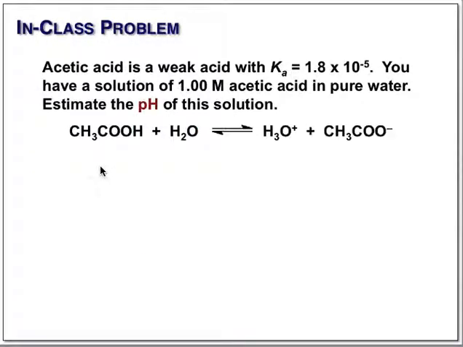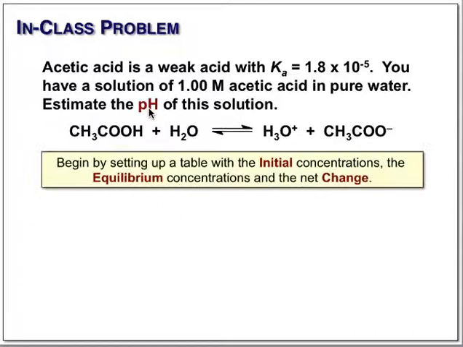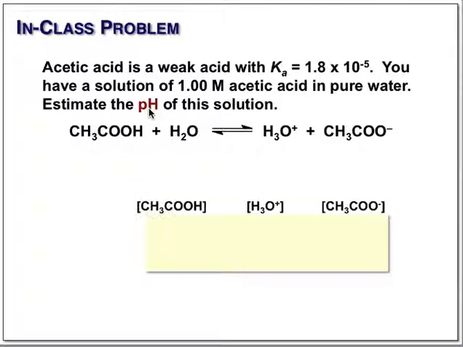Let's look at a different type of problem here. Here I'm going to take 1 molar acetic acid in pure water, and I'm going to estimate the pH. Now, I'm going to set up an ICE table with my initial, change, and equilibrium. I'm going to do this assuming that no ionization has happened initially.